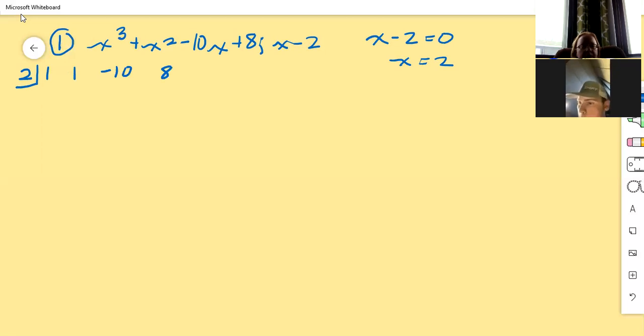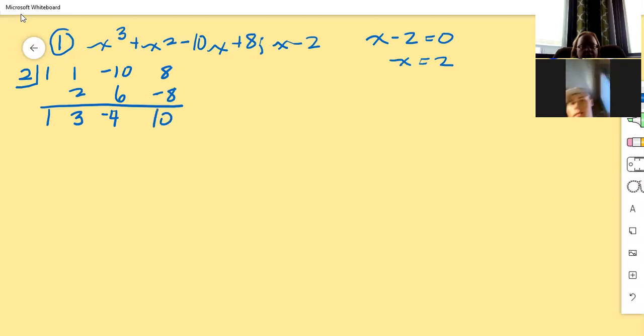I'm going to leave a little space and bring the 1 down. 2 times 1 is 2. 1 plus 2 is 3. 3 times 2 is 6. Negative 10 plus 6 is negative 4. Negative 4 times 2 is negative 8. 8 plus negative 8 is 0. That's the remainder of 0.